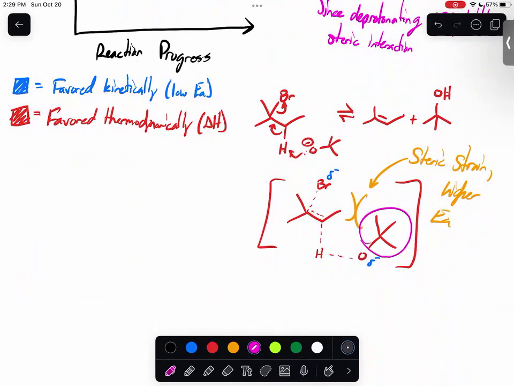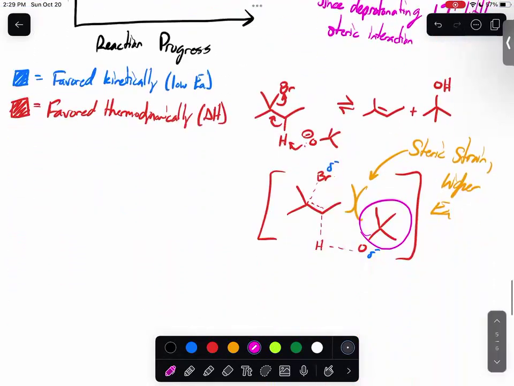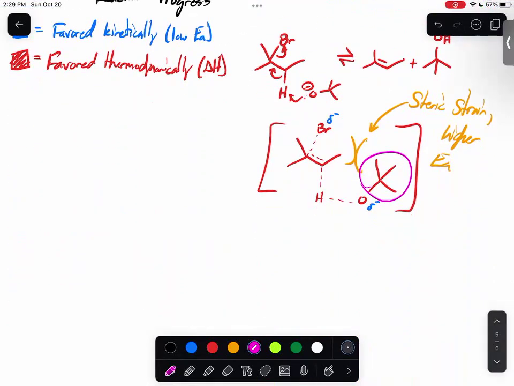Because you can imagine if those other two carbons weren't there, this reaction would also have a relatively low activation energy, right? Versus the blue reaction here, they would be about the same. But the fact that we have those extra carbons around the oxygen that's acting as the base makes it this higher energy, more steric strain in our transition state.